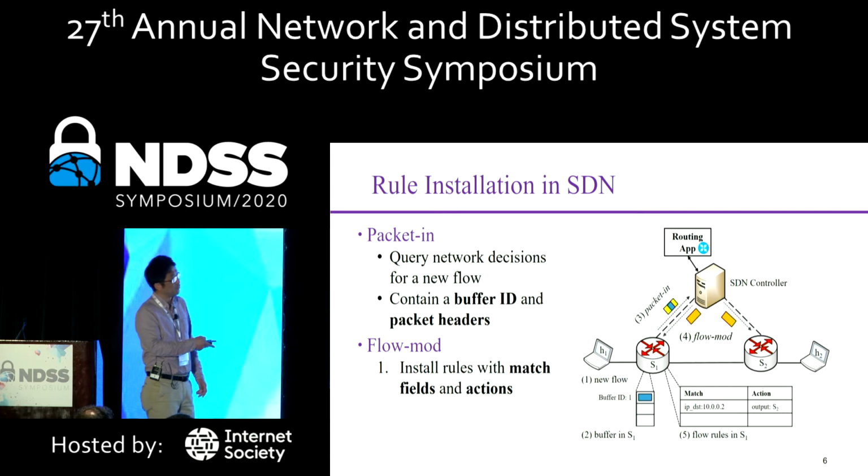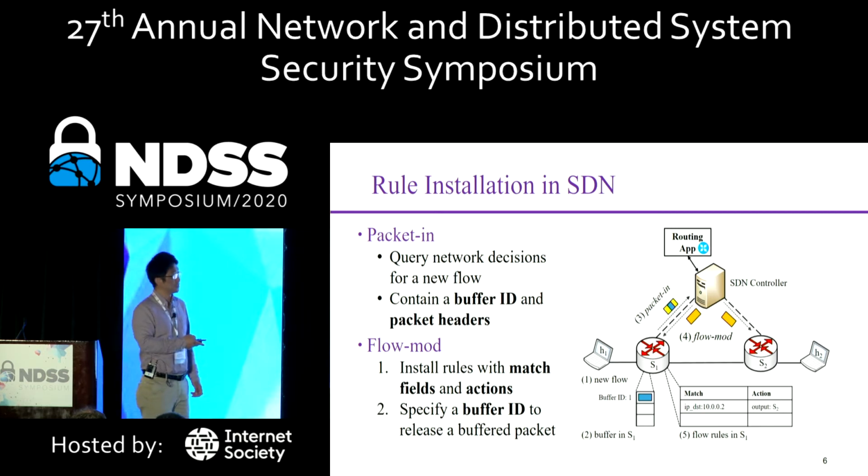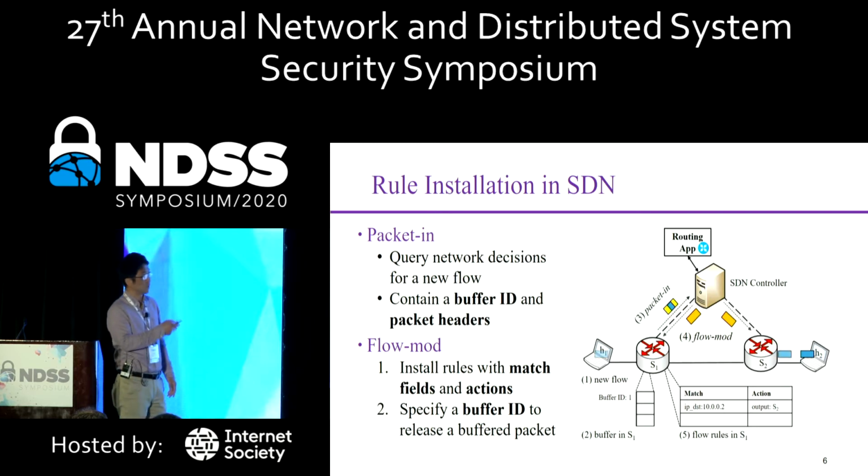It says, for destination 10.0.0.2, the next hop will be S2. This is like a routing table. Next, it will also use the matched buffer ID to release this buffered packet to its destination. After this route is established, all future packets in this flow will be forwarded directly from H1 to S1 to S2 to H2.